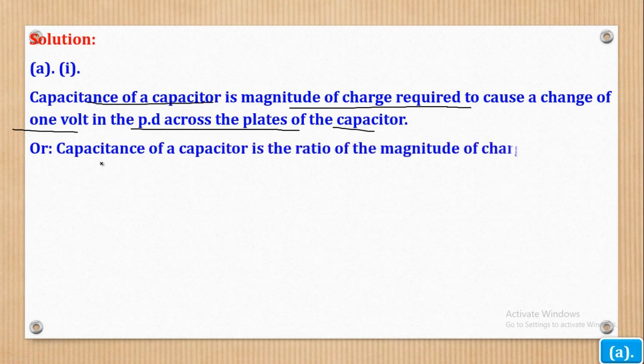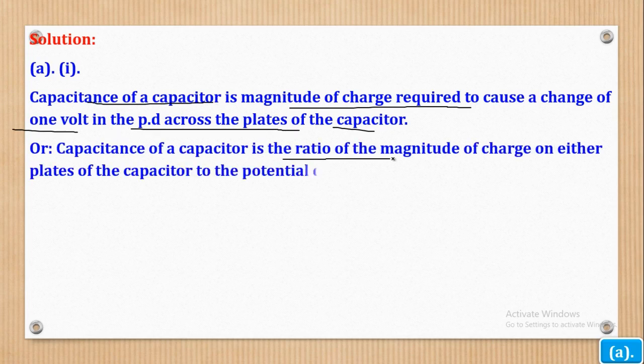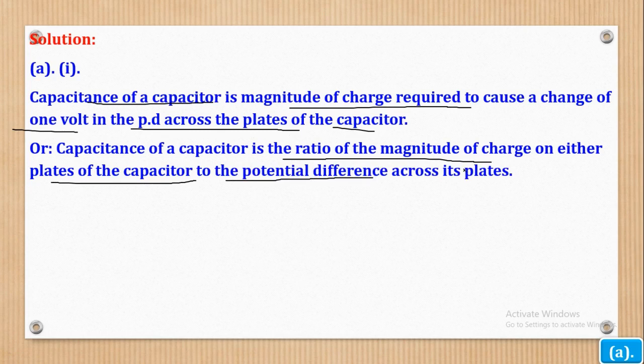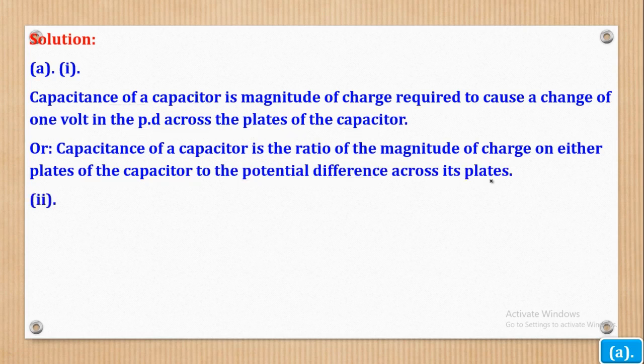Alternatively, we can say that this is the ratio of the magnitude of charge on either plate of the capacitor to the potential difference across its plates. So that was Roman 1.